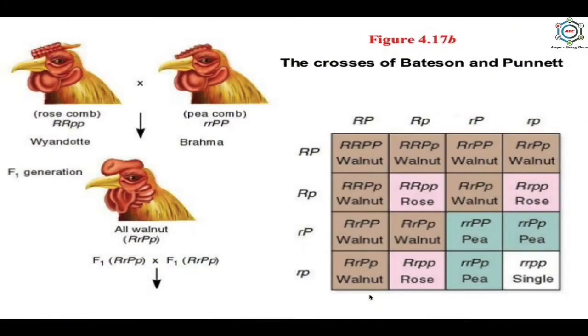Here, as an example, you can see two pairs of genes located on different chromosomes determine the comb type and each displays a simple dominance.